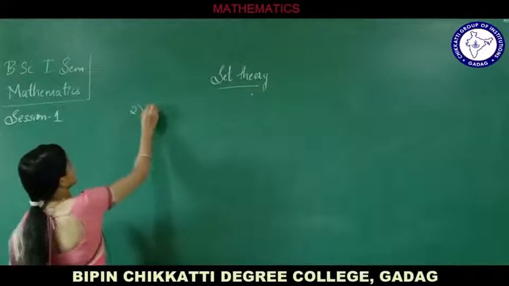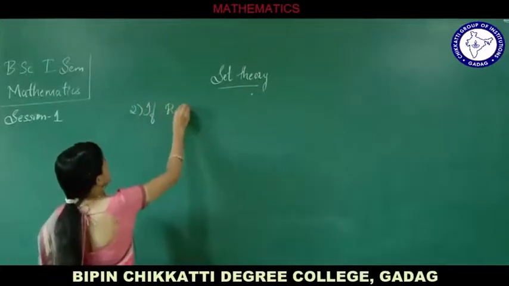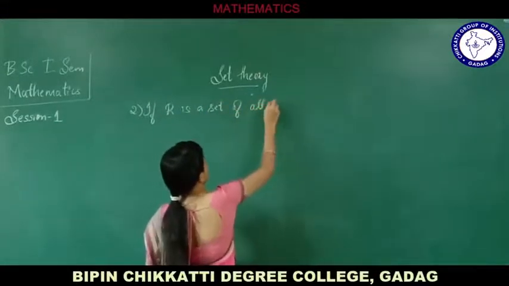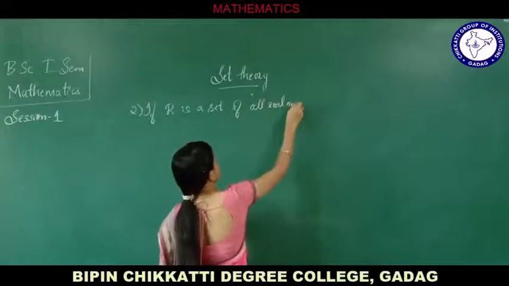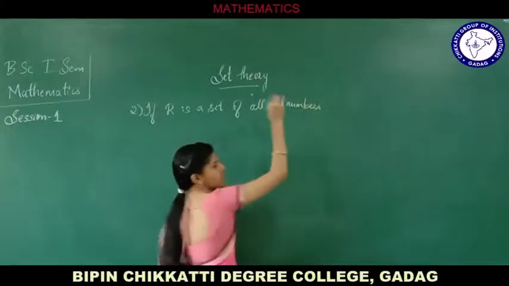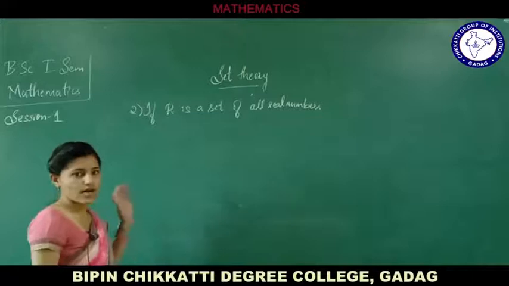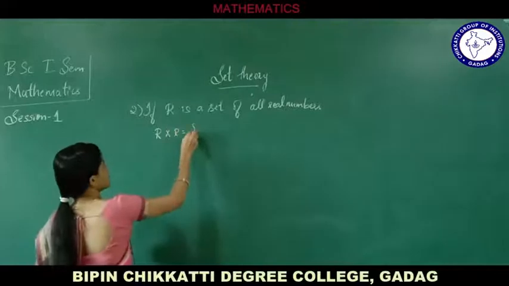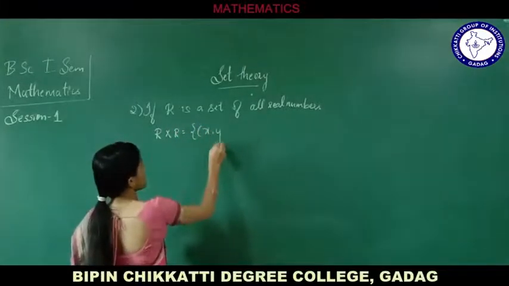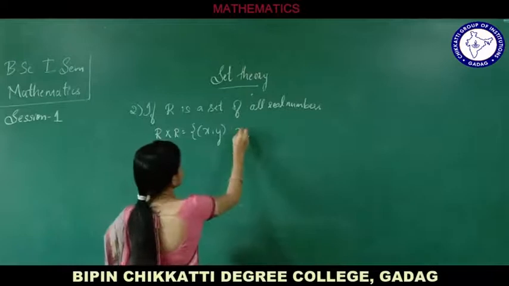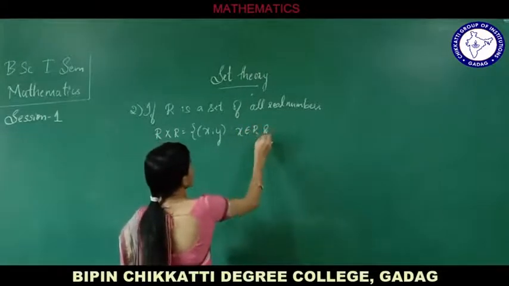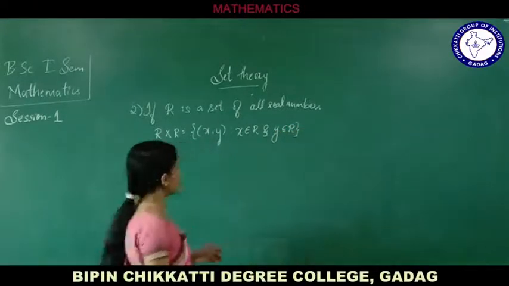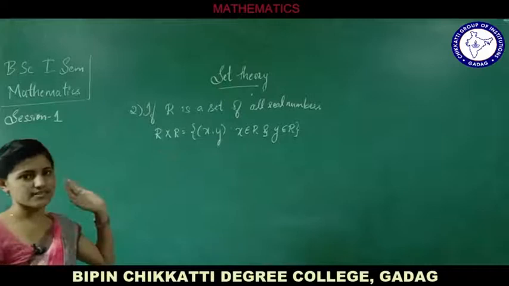Example 2: if R is the set of all real numbers, then the Cartesian product R cross R will be equal to the set of (x, y) such that x belongs to R and y belongs to R. This is called the Cartesian product of real numbers.